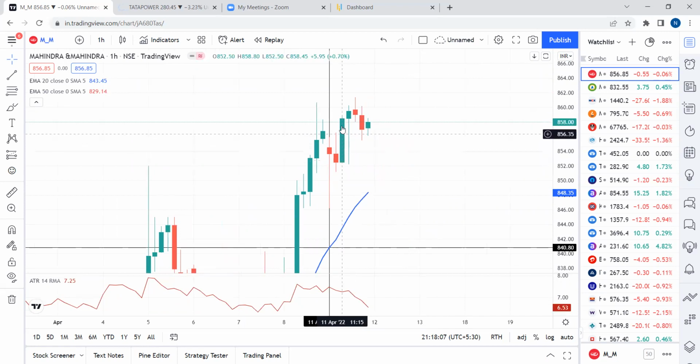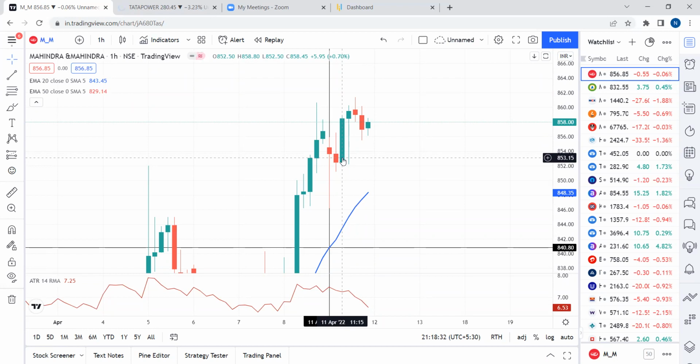True range is the total fluctuation of the particular candle from end to end. For example, this end to this end, which is the high, is the true range. It is the true range of that candle in that particular time frame.